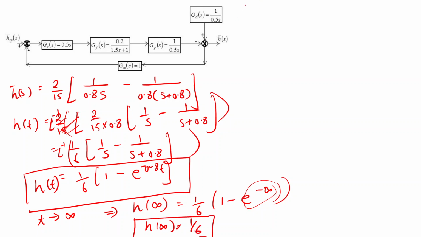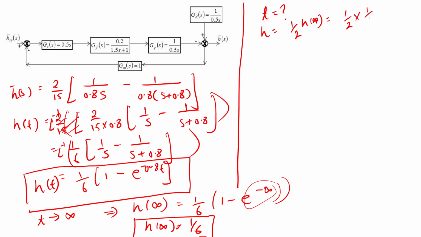Now in the given question we have to find the time at which h is half, or 50%, of the ultimate value. So it will become half of 1 by 6, that is 1 upon 12. So you have to find the time at which the value of h is 1 by 12.